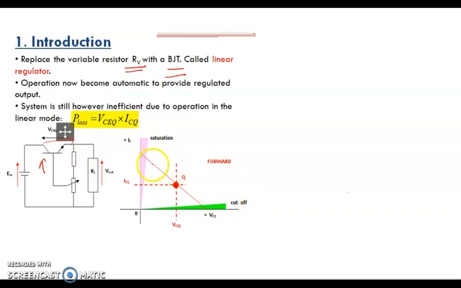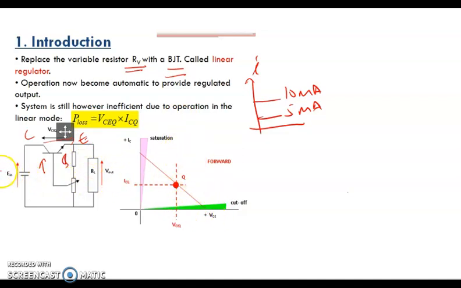This BJT is controlled by current. Maybe we need to fully open the circuit at a certain amount of current, maybe 10 milliamp, but when we apply maybe 5 milliamp, the emitter, with collector, emitter, base here, releases only half of the voltage.